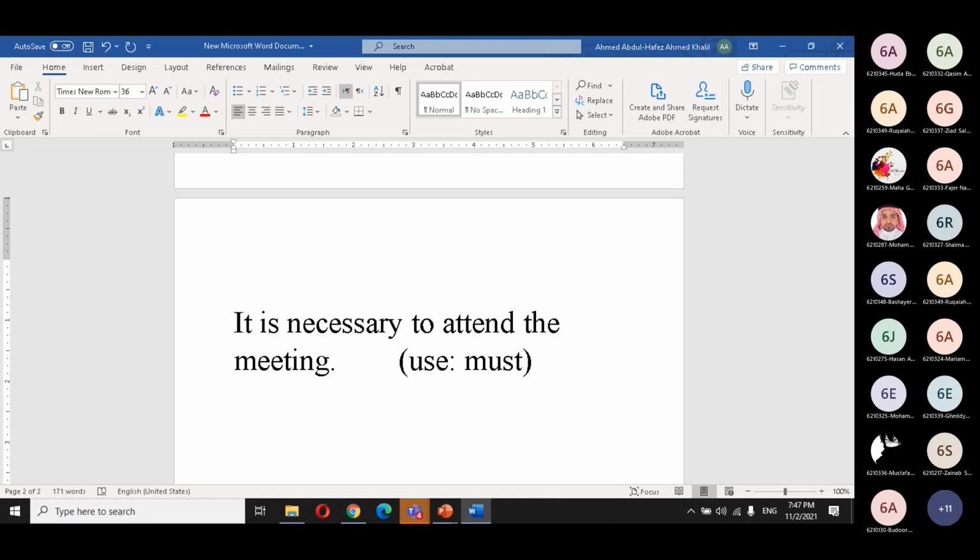Yes, you must to be. Use must. How to write the sentence? لا، هنا it is necessary to attend the meeting.